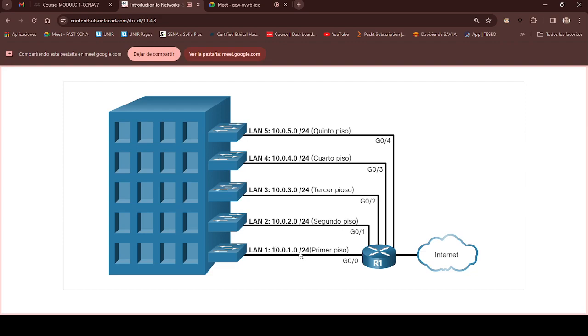Aquí mi red es de 24 bits, entonces en el octeto que no pertenece al host es donde empiezo a dividir mis redes. ¿Cuántas redes voy a tener? Puedo tener desde la 1 hasta la 255, incluso desde la 0 hasta la 255, en ese tercer octeto. Y ya sé que en mi último octeto, mi red slash 24, es donde puedo colocar mis hosts.